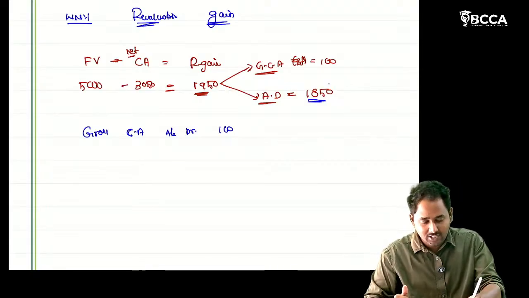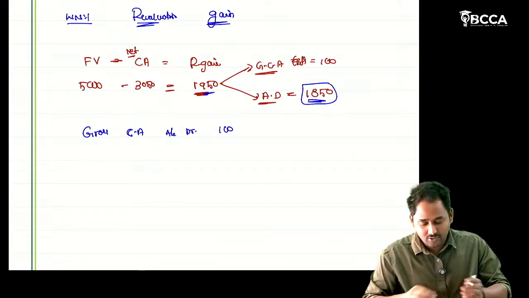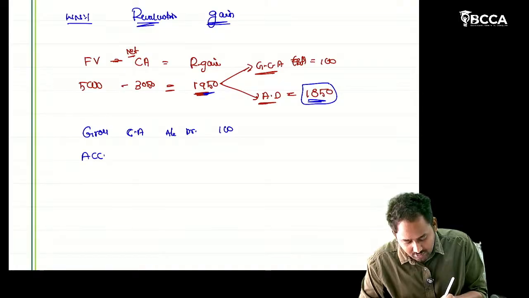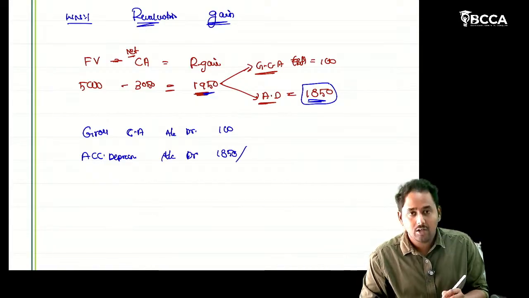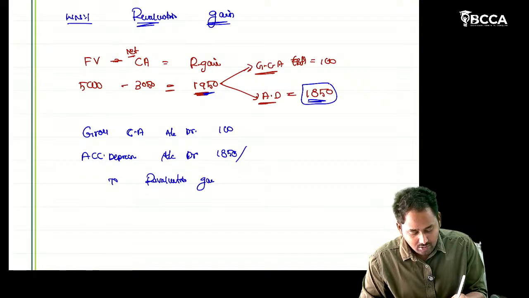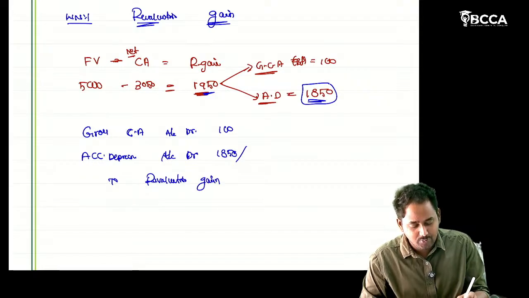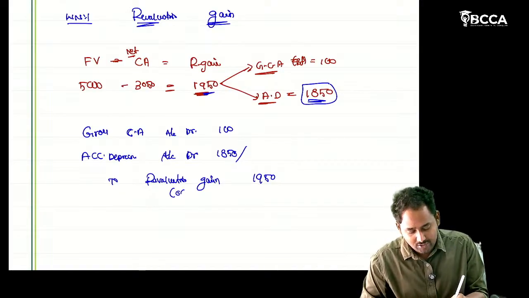Because I am using it, there is a gain. So because of this gain, I am using 1850. So accumulated depreciation account 1850. Then I got the revaluation gain. Of course, the revaluation gain should be transferred to OCI. Revaluation gain means OCI.